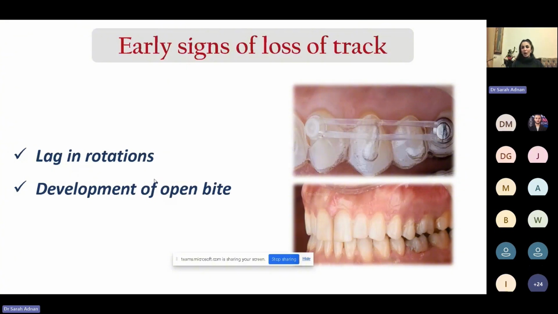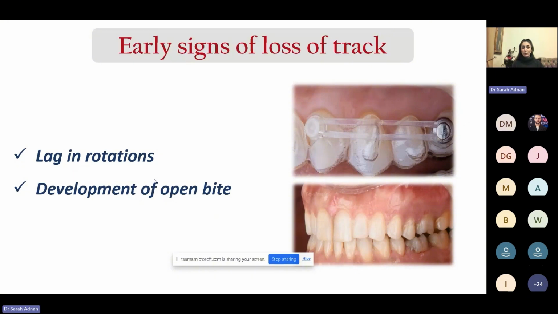However, with the use of a couple force system, with the use of wider attachments that will produce the desired moment to produce the rotational tooth movement, and with the use of elastics, all these points have been addressed, and aligners nowadays are capable of producing efficient tooth movement and efficient rotational control. But you should carefully monitor the case. Clinical monitoring is essential.